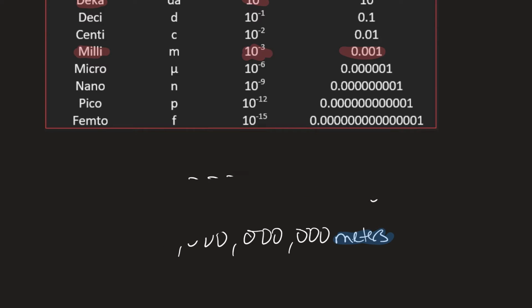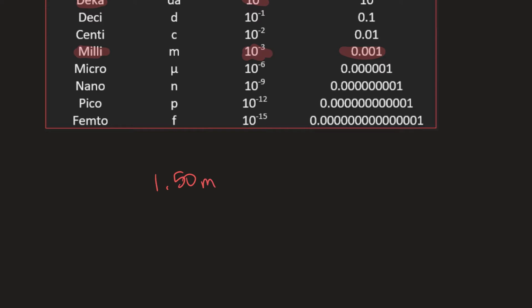For example, let's say you measured a table, and the table turned out to be about 1.50 meters long, right? And you want to know, if it's 1.50 meters, how many centimeters is that? Remember, meters is our base unit.